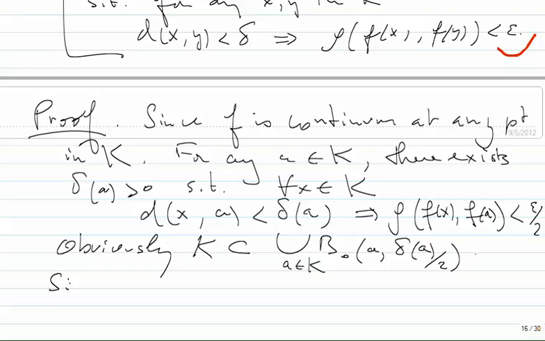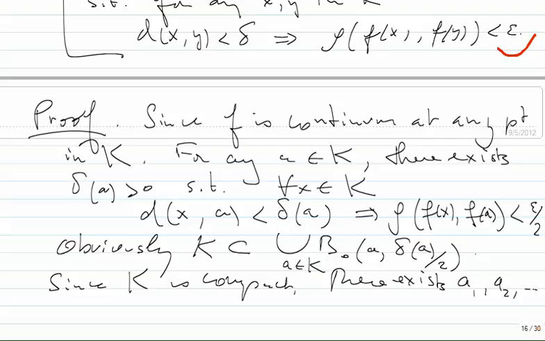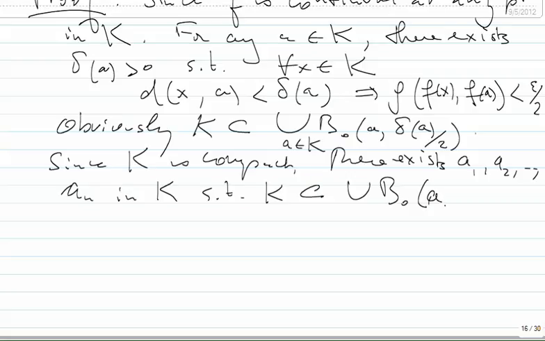Since K is compact, there exist A1, A2, etc., AN in K such that K is in the union of all these open balls B(Ai, delta of Ai over 2), i between 1 and n.